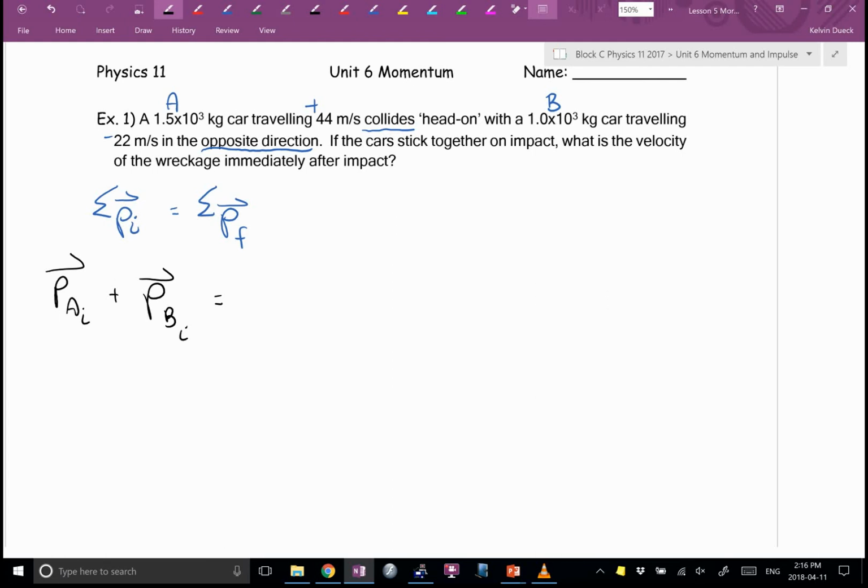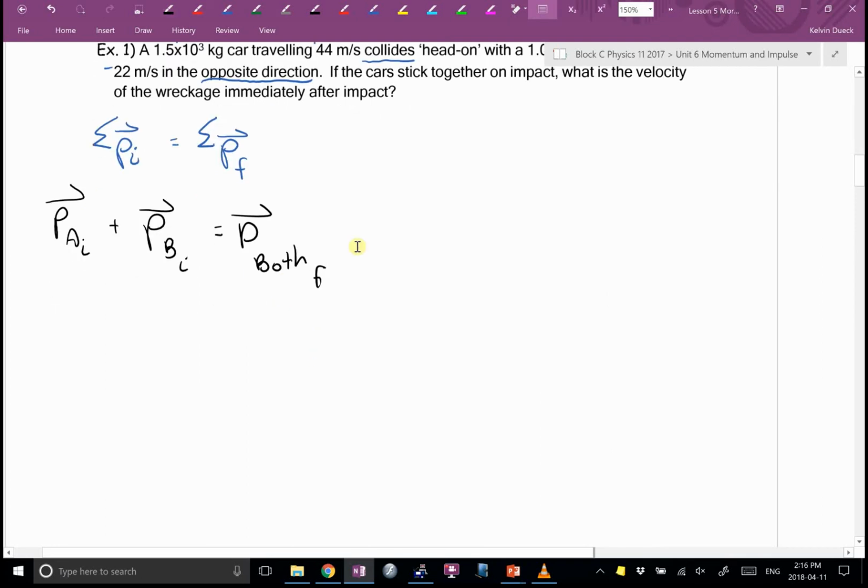Anyways, so stuck together, momentum, both. Final. Emma, momentum is what times what? Mass times velocity. Good. So car A is going to be mass A, velocity A, and this is initial, yes? Car B is going to be mass B, velocity B, and this is initial.